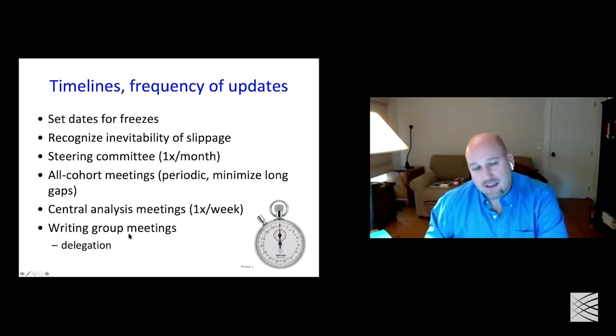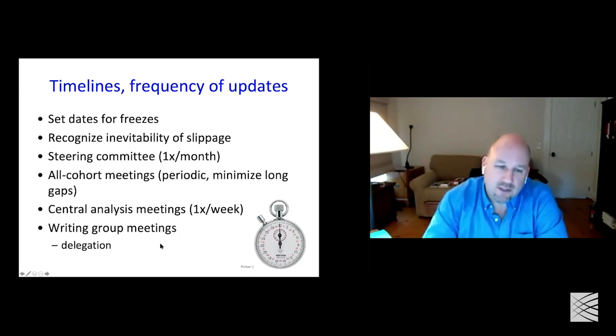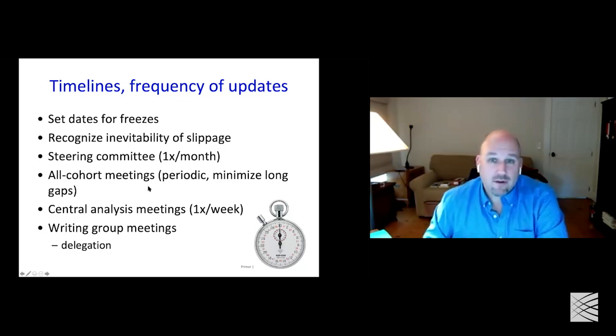And then lastly, writing group meetings will occur and require very explicit delegation of who is working on which aspect. These projects typically are quite large and have many working parts, and it's important to parallelize work when appropriate, rather than stacking everything on the backs of, for example, the primary central analytic analysts.